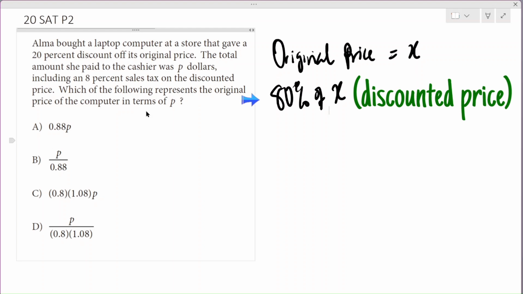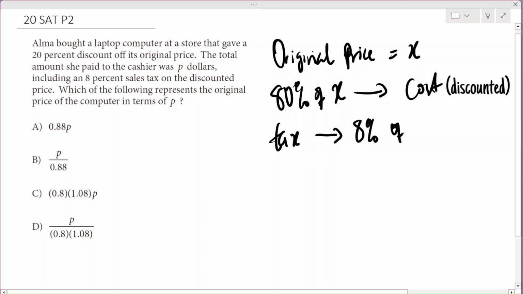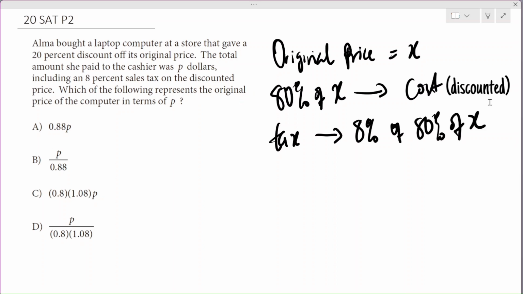This is the discounted price, and she paid 8% of the 80% of X. The total amount she paid includes the discounted price and the 8% tax on it.